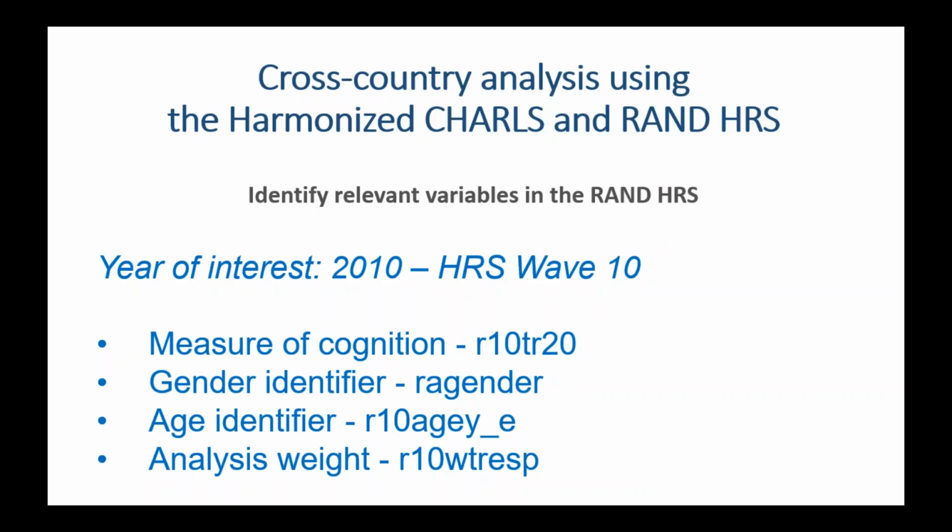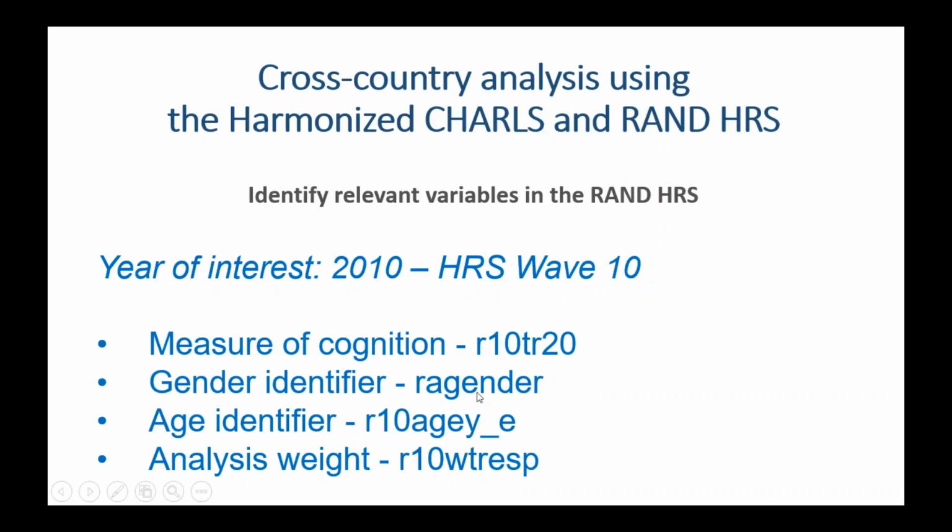You'll notice that in the HRS, 2010 is wave 10, whereas 2011 is wave 1 of Charles. So our variable name here for cognition is R10TR20. One of the things we'll need to do is make our variable names consistent across waves. Maybe we can have a year-specific variable name instead of a wave-specific variable name.